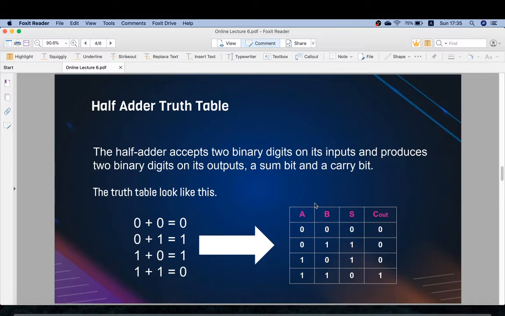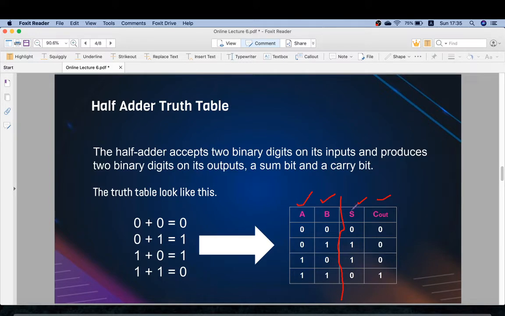So let's start making the truth table. First of all, A is input, B is input, while S and C out are the outputs. So we can separate them with a line here.